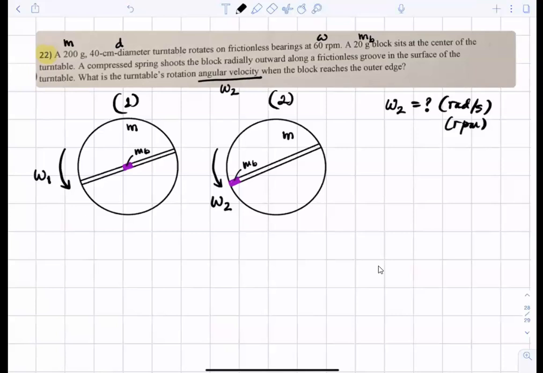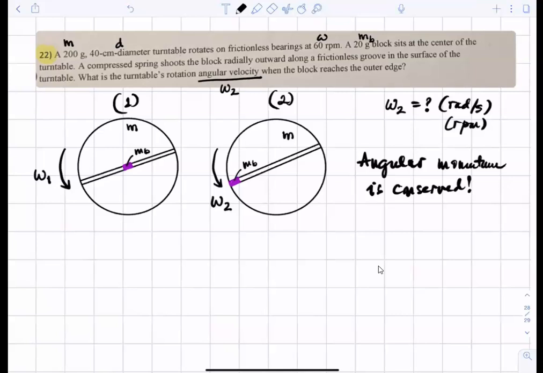Okay, so assuming that you actually stopped the video and thought about it, I was expecting that you thought about the fact that the angular momentum is conserved. And so this is the model.